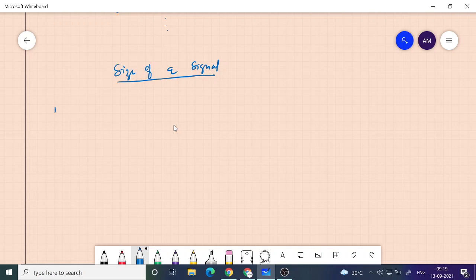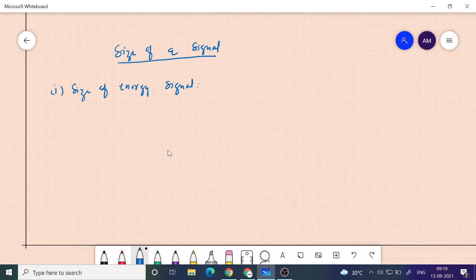So we need to treat it separately: size of an energy signal. Now, what is the definition? The energy of a signal x of t is defined as the integral from minus infinity to plus infinity of modulus of x of t, the whole square, dt.